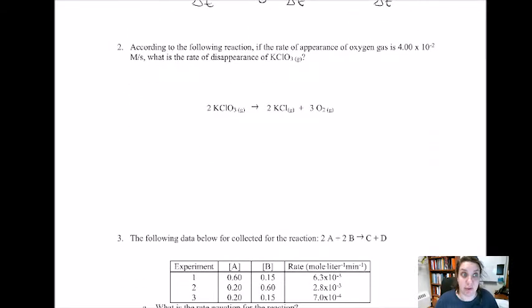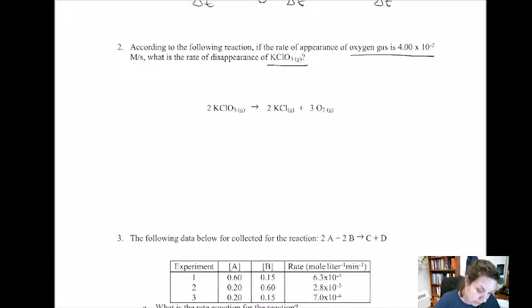Let's take this and put it into action using actual numbers. So we still have the same general form for our relative rate expressions, but now we've got a rate of appearance of oxygen gas, and we want to know the rate of disappearance of KClO3.